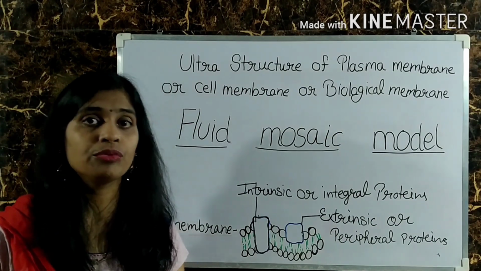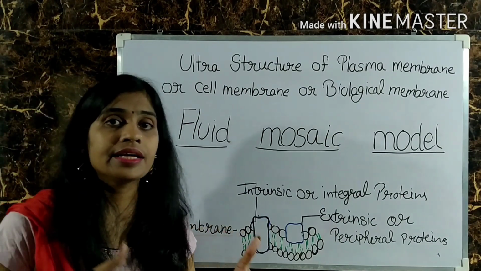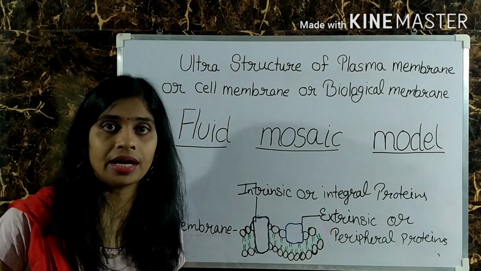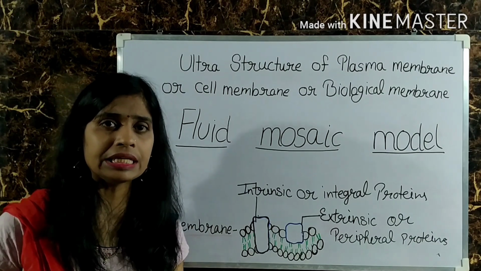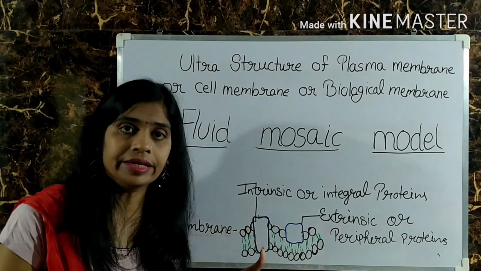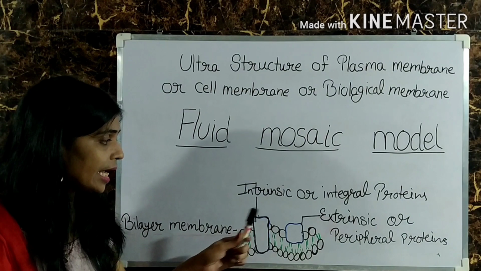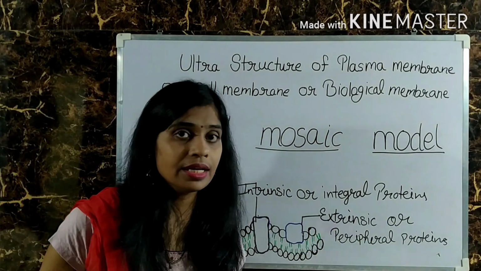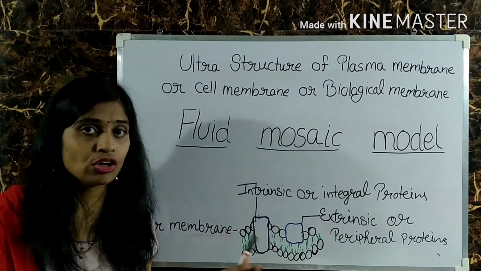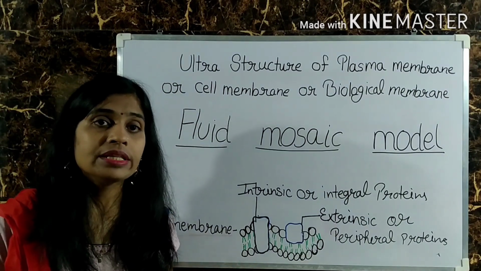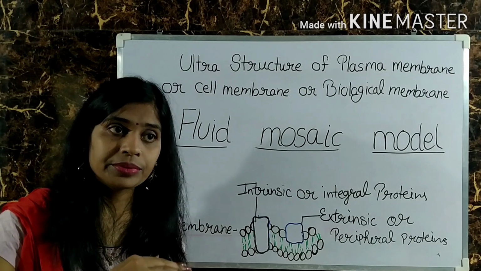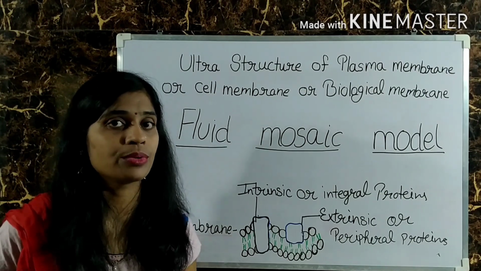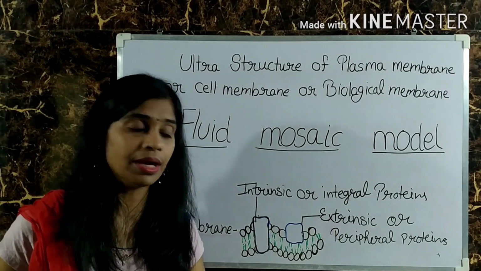The word peripheral is used for things attached on the outer side. The extrinsic proteins are present on the outer layer, either the upper or the lower layer, and after use they get destroyed from the outer side of the plasma membrane.